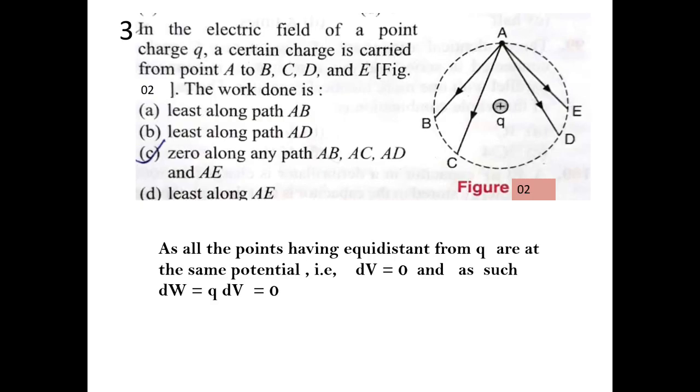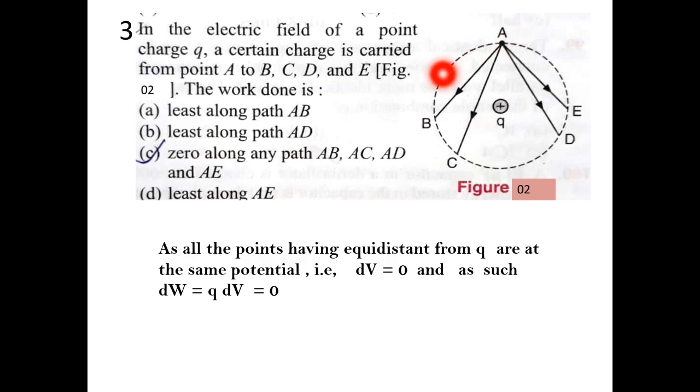Now in the third question, in the electric field of a point charge Q, here the charge Q is placed. A certain charge is carried from point A to B, C, D and E as shown in the figure. The work done is. Now you have to select the correct option. What about the work done? Okay, so here we see that all the points A, B, C, D and E are on the equipotential surface.